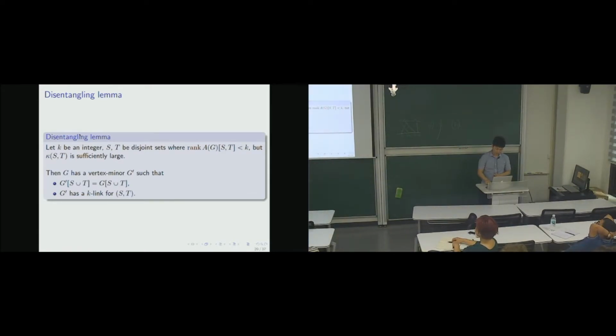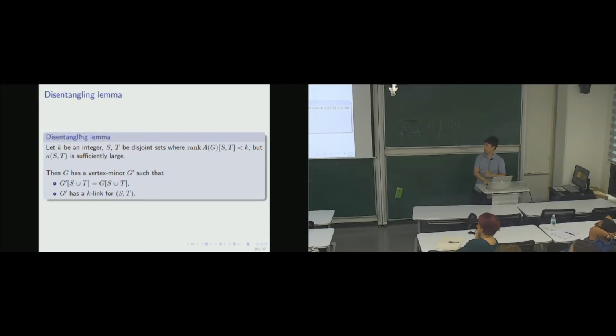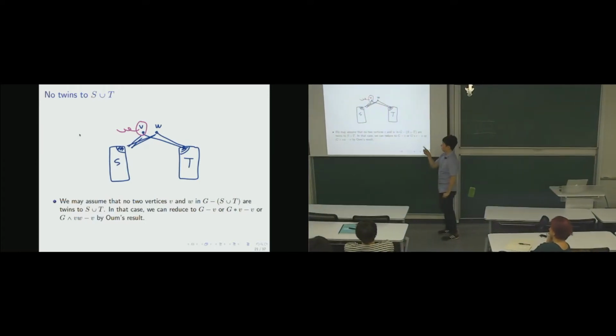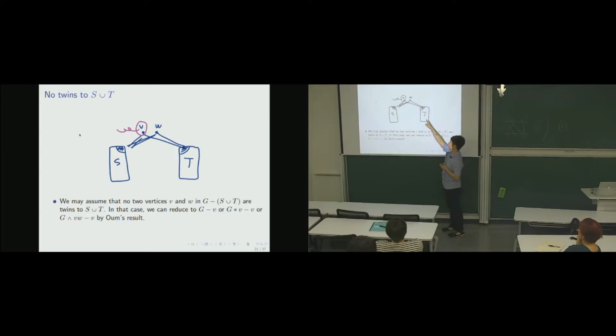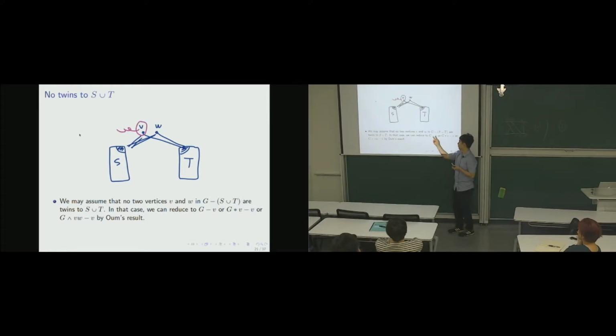How do we obtain this? First, to prove this statement, you can assume that there are no twins to the S union T. For instance, if you have two twins V and W, then you can throw away V. But it's not that simple, because it's implied by Sang-il's result that one of these three guys still has the same connectivity between S and T. So it preserves the connectivity.